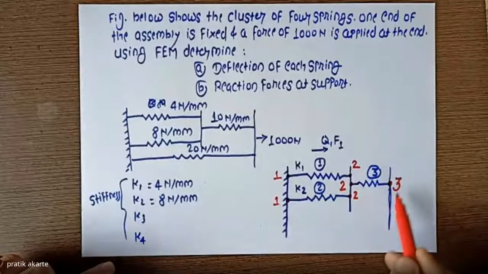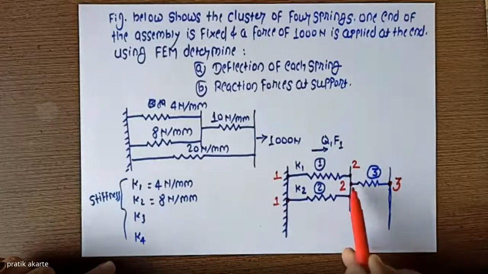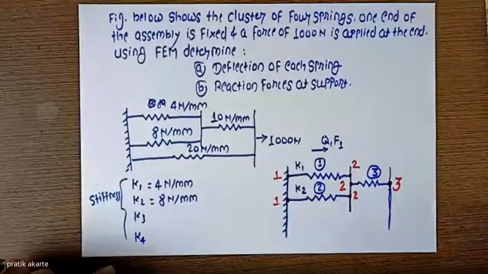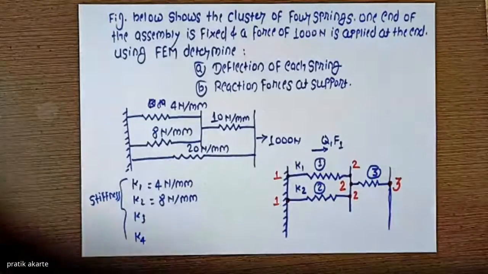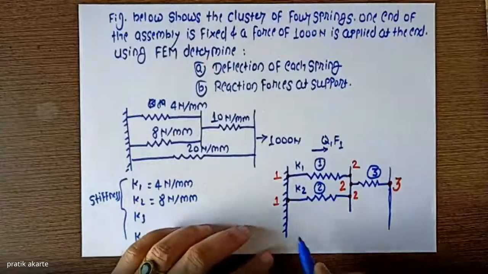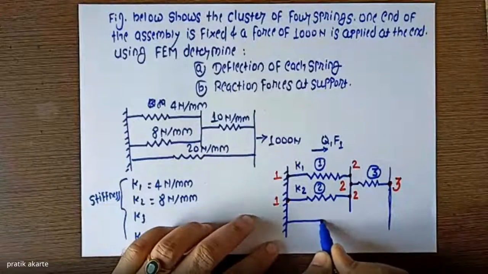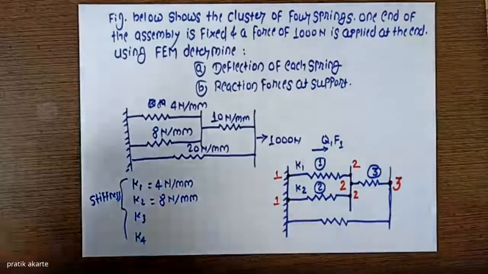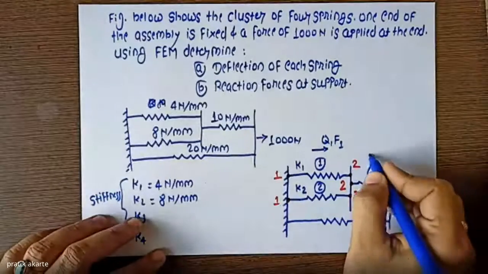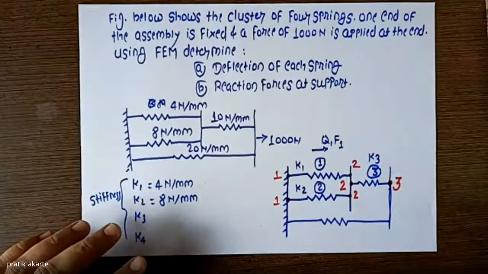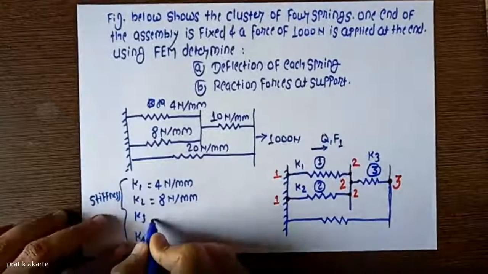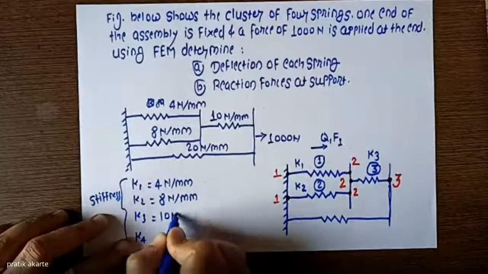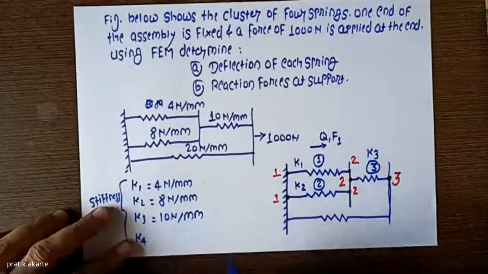So for element number 3, the global node numbers are 2 and 3. Element number 3 has K3, which is 10 Newton per millimeter.